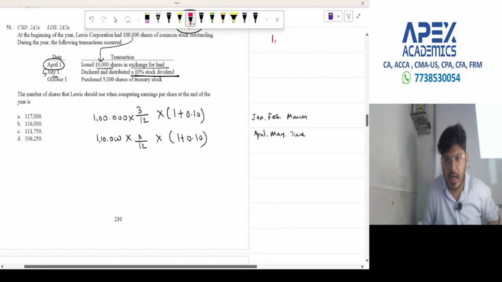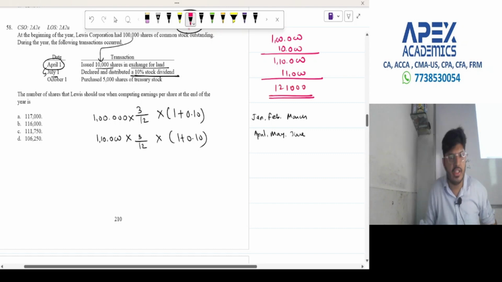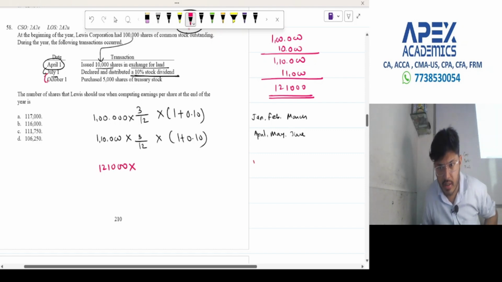Sir, now what happened? Now, I had 1 lakh shares. Then 10,000 I issued for the land parcel. So today I have 1 lakh 10,000 shares. On this, now I gave 11,000 shares of bonus. So today I should have how many shares? Today I should have 1 lakh 21,000 shares with me from 1st July to 1st October, July, August, September.